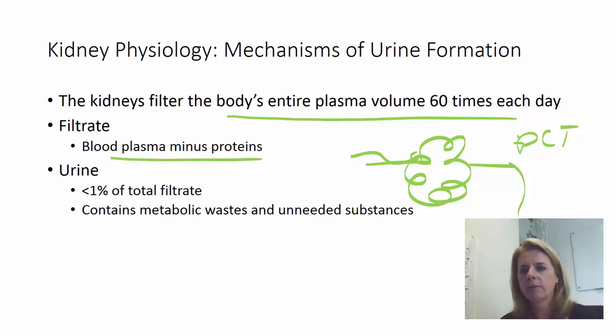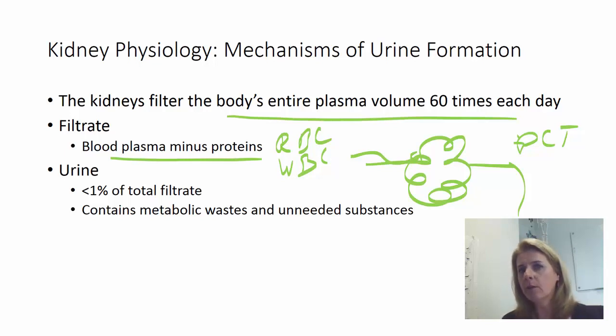The big proteins don't pass into the filtrate. Ions do, water does, sugar, glucose can, but your big proteins won't cross into the filtrate, nor will red blood cells or white blood cells. So your cells don't leave either. Just the watery part goes into the filtrate.